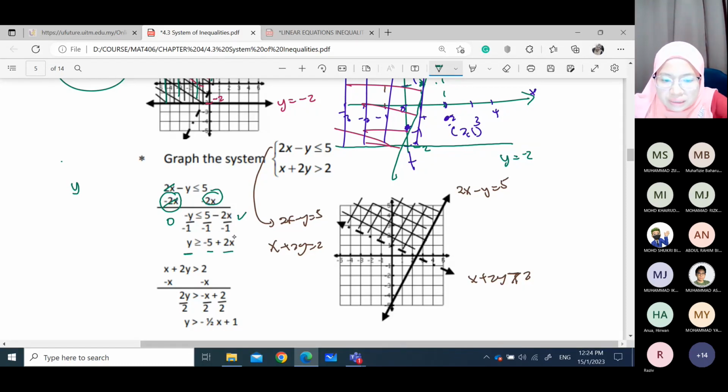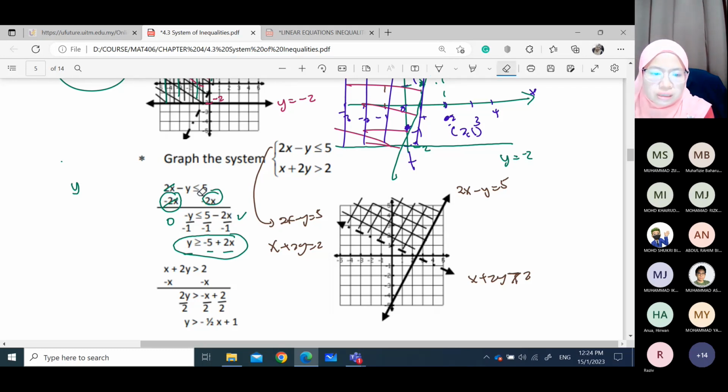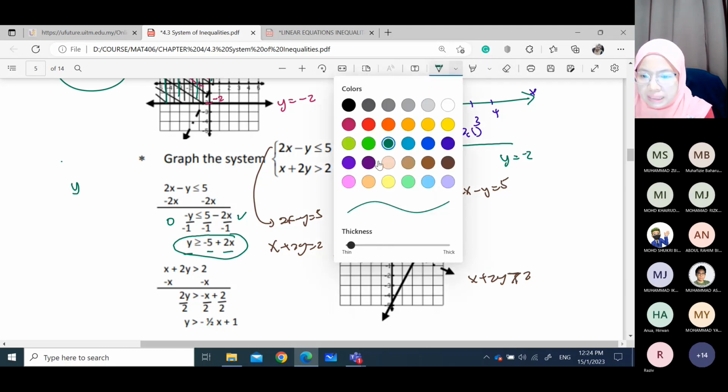Okay, so now we have this inequalities. Y is greater than negative 5 plus 2x. So maknanya the region is always it is always above the graph. So graph dia ni saya lebih berada di bahagian atas graph lah. Okay, gitu. Right. So kalau untuk cara yang mudah, ni cara lain lah. Okay, ada method.